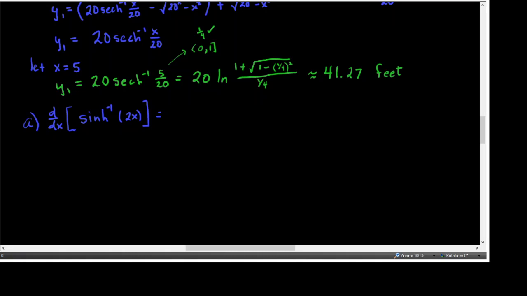That's going to be 1 over the square root of our input 2x squared plus 1, times the derivative of the inside function, so times 2. And so that answer is 2 divided by the square root of 4x squared plus 1.